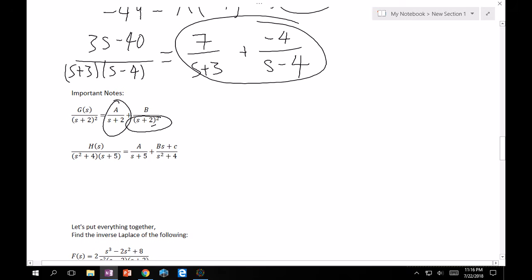Because if you think about it, for s + 2, if we only had s + 2 over here, we would make it a constant, right? Our guess would be A over (s + 2). Now let's say we squared that.